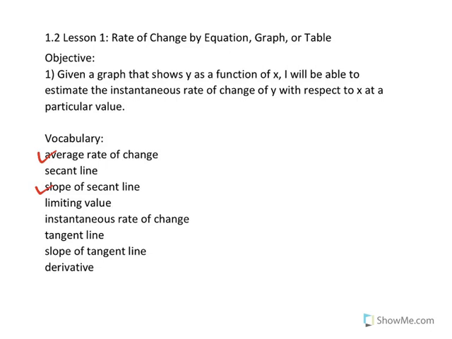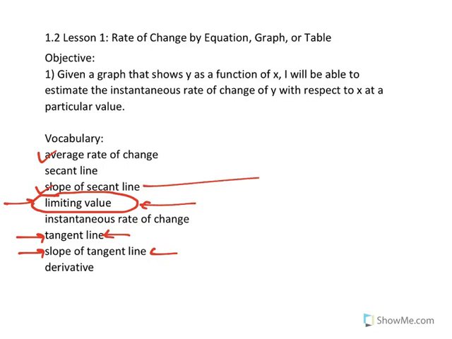And when we move the 2 points on the secant line closer to each other, the slopes of the secant line start to approach a particular value. And that would give us the slope of what we call the tangent line. The slope of the tangent line is defined to be the limiting value of the slopes of the secant lines as the 2 points get closer and closer to each other, and that is going to give us what we call the instantaneous rate of change, which we also call the derivative.